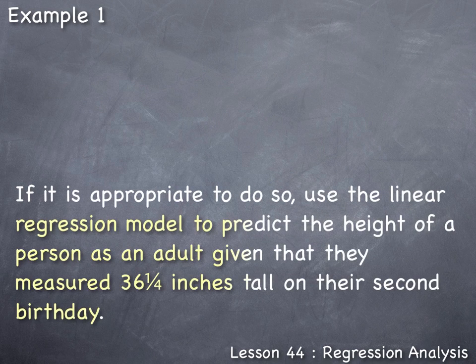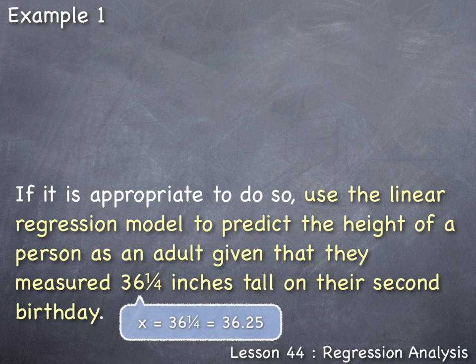So, since it was deemed appropriate to do so, we will use the linear regression model to predict the height of a person as an adult, given that they measured 36¼ inches tall on their second birthday. Here, the 36¼ inches is their x value, height at age 2.